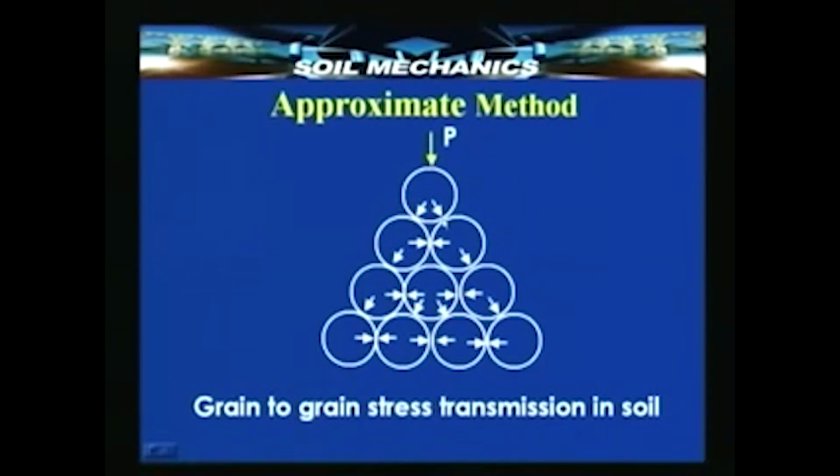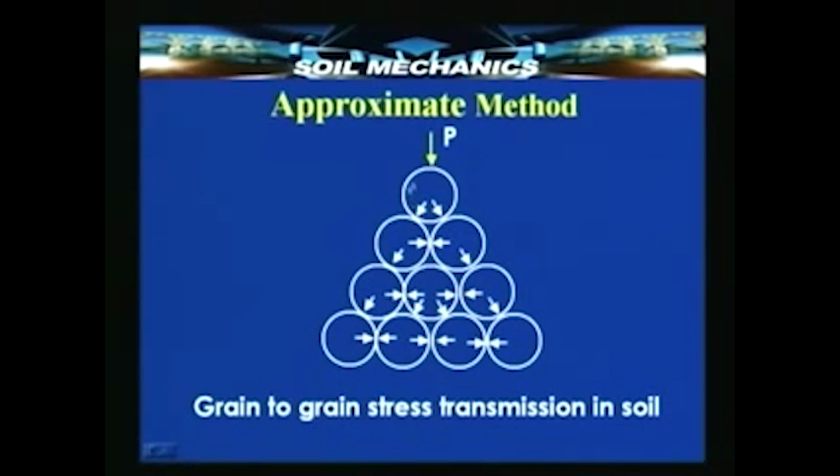This is a point where the first grain is in contact with this lower grain. Similarly, this is a point of contact between the left hand side grain and the upper grain. This transmits a part of the load P here and another part of the load P here. Assuming ideal and symmetrical conditions, this will experience P by 2, this will experience P by 2.